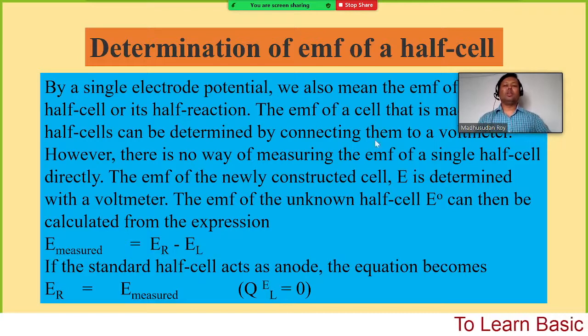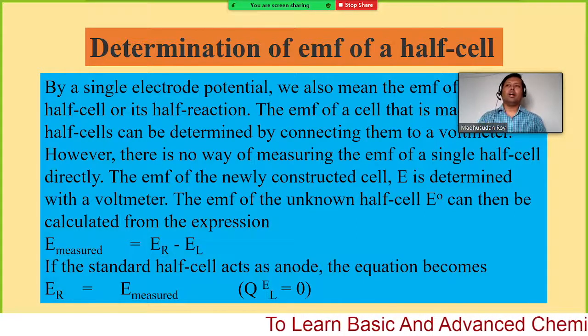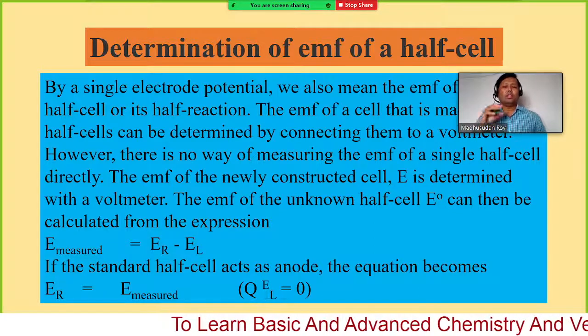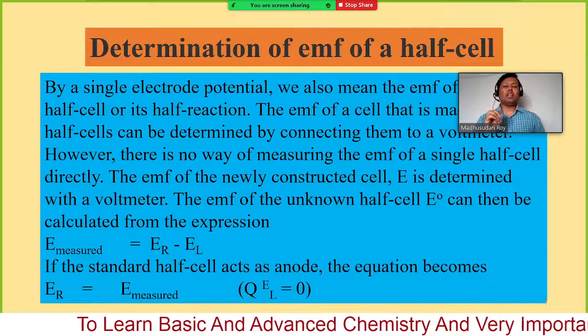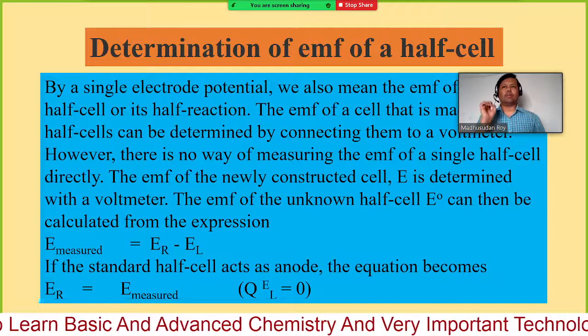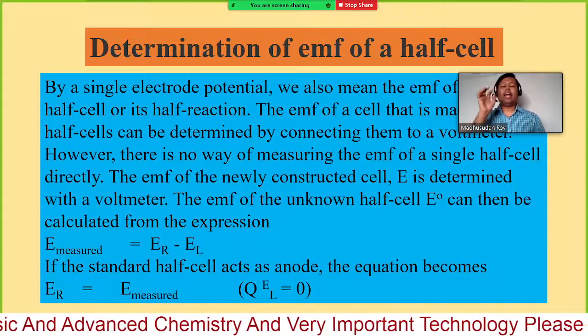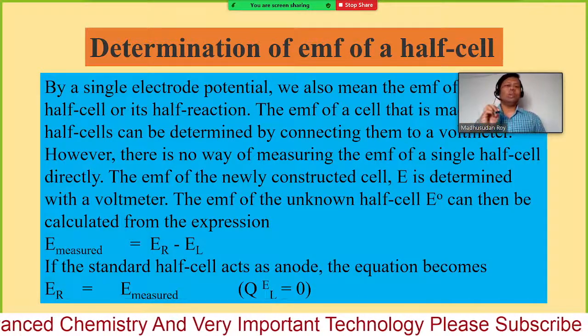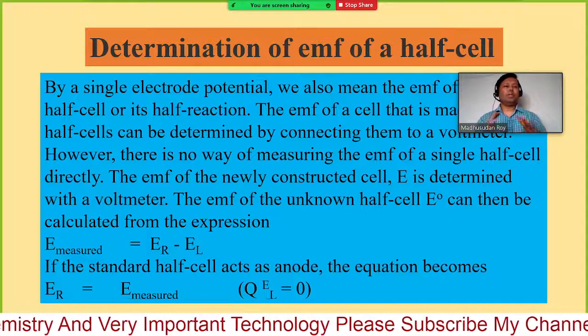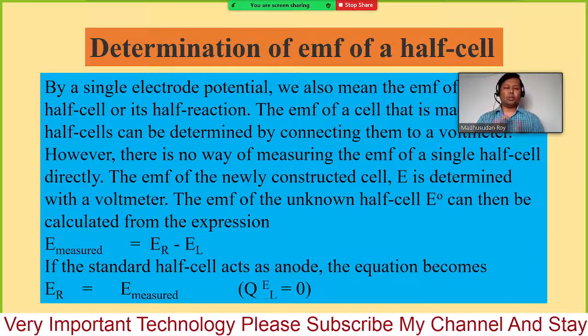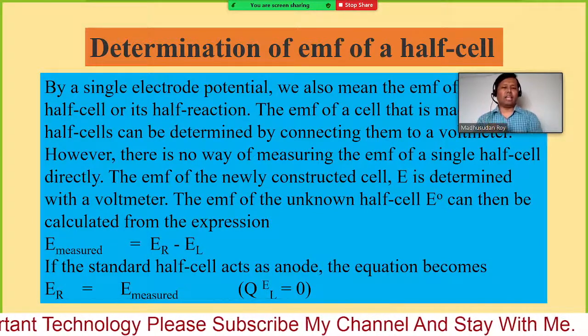So we will use just the opposite or reverse way. We do not know the potential of a certain half cell, but we may have some known half cell, and we can connect that known half cell to the unknown half cell.